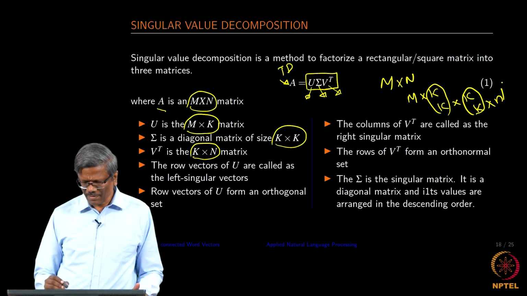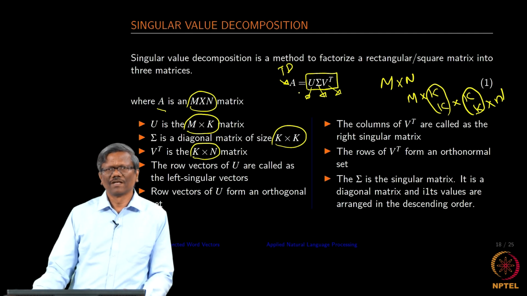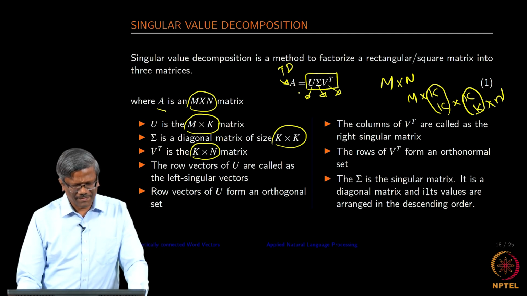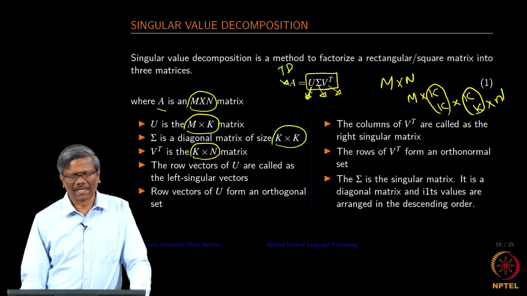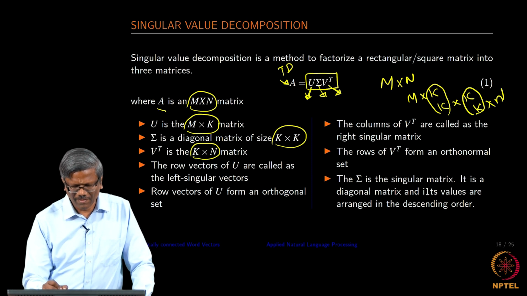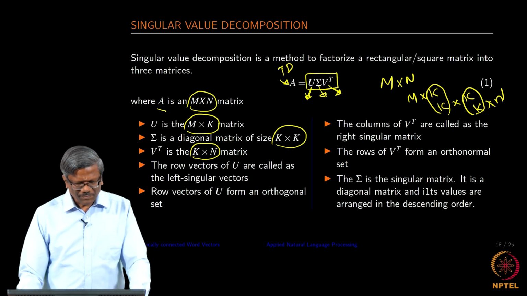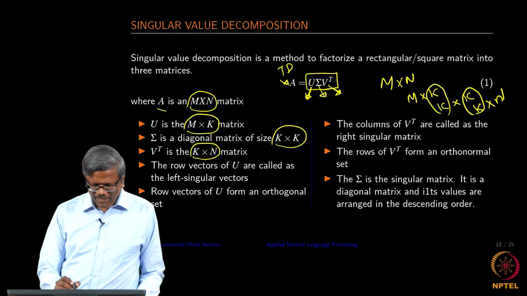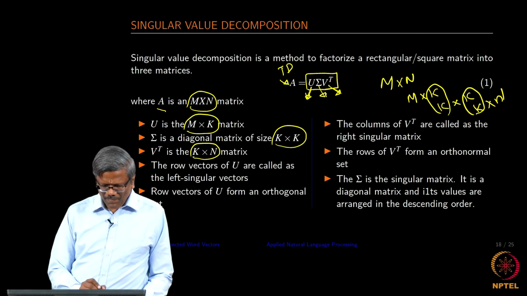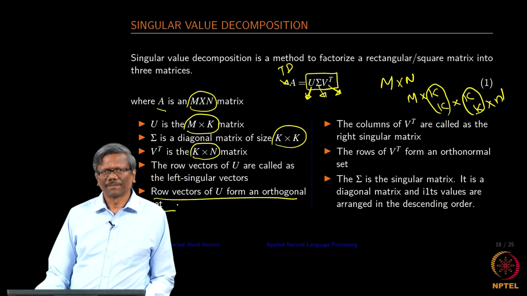So, here the decomposition of a given matrix or a term document matrix is given in this particular size. We call U the left singular matrix, we call V the right singular matrix, and sigma our singular values. The row vectors of U form an orthogonal set.